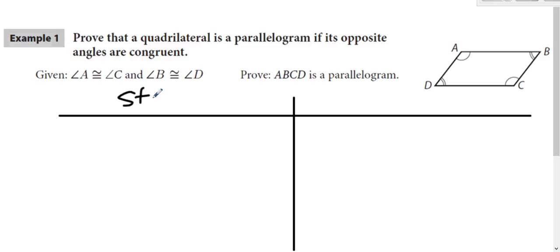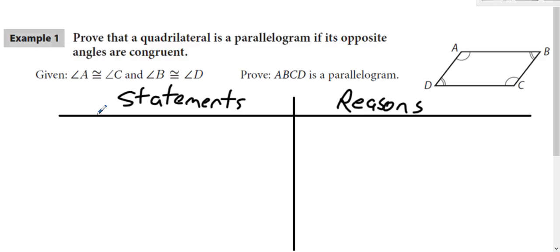So we have our statements and our reasons. We could start by writing the given. There'd be nothing wrong with writing it now. I'm going to wait and write it in just a minute when I think it'll make a little bit more sense.